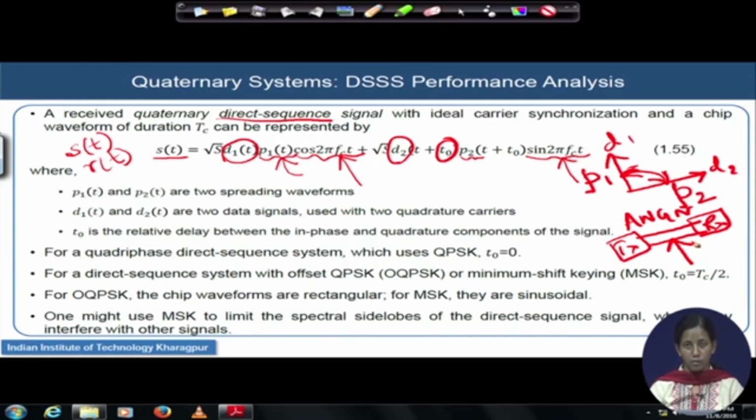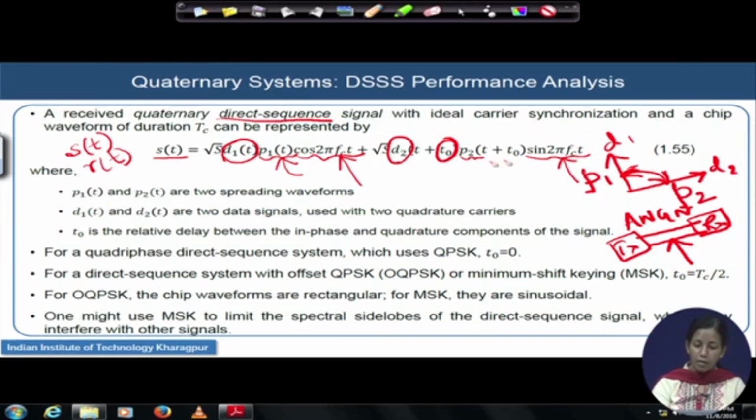So that is not expected to happen, and there is no attenuation also; the signal components will be visible in the received signal. So, no effect of any other kind of wireless or guided channel is considered, and we are assuming that the direct signal is received. Even while writing the expression for 1.55, we have not considered the effect of noise added to it. So it is purely the signal generated in the transmitter and received at the front end of the receiver, in the absence of any channel and any noise.